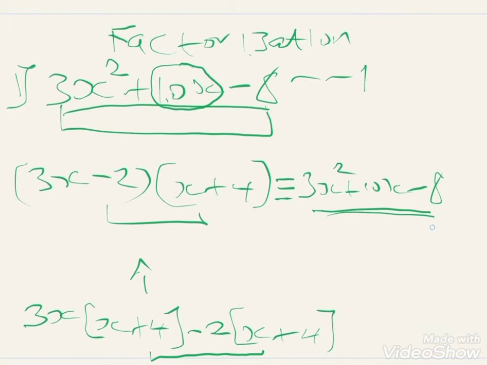Yes, there's no mistake. These are the factors, because if I multiply 3x and x, that is this and this, I shall have this. Again, if I multiply minus 2 and plus 4, I shall have minus 8.